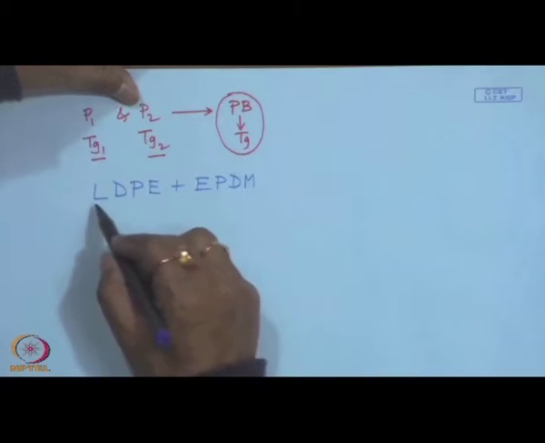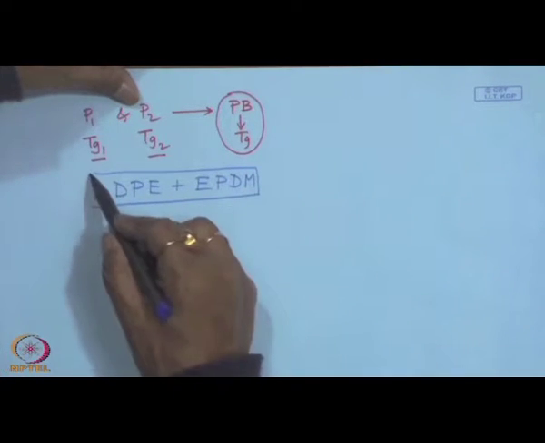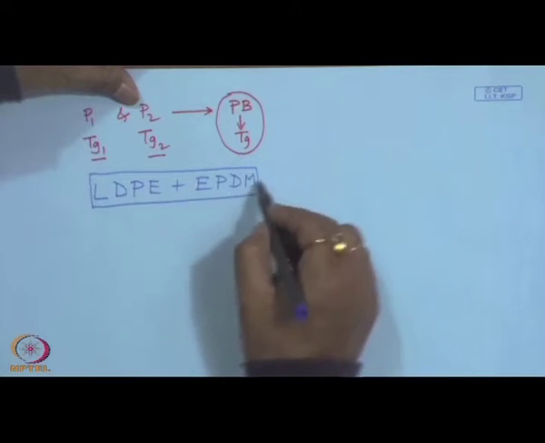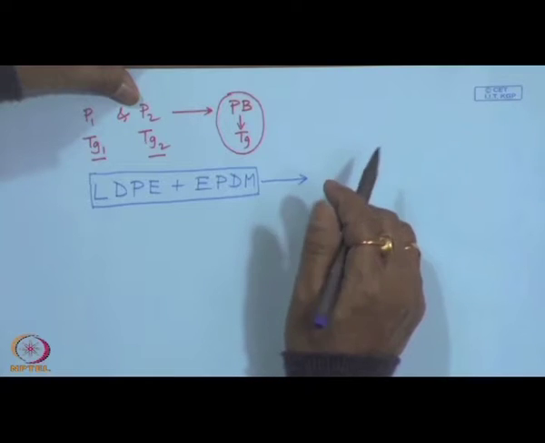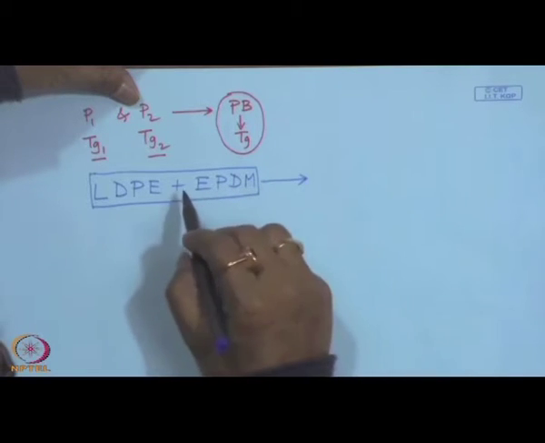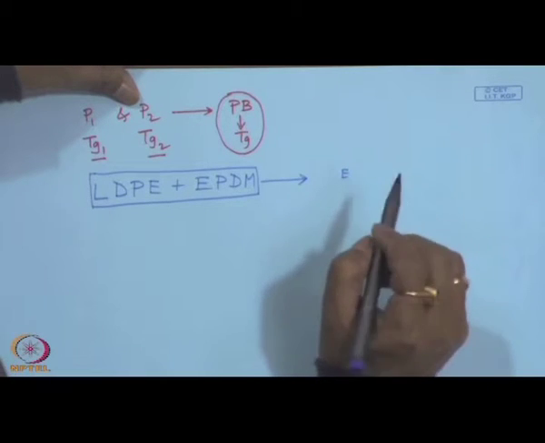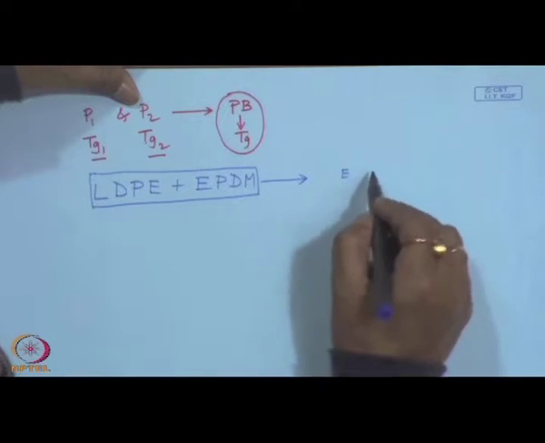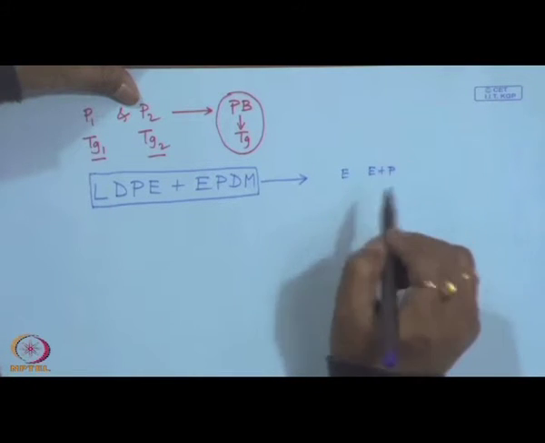This can be a good pair of component polymers for making a successful blend. LDPE contains ethylene units and EPDM contains ethylene units and propylene units.